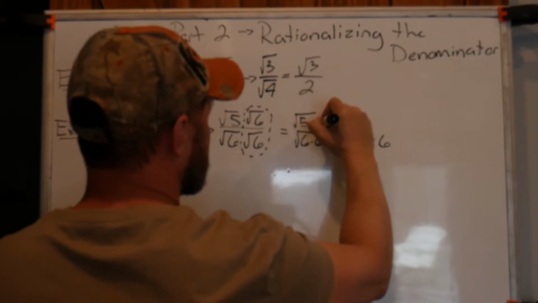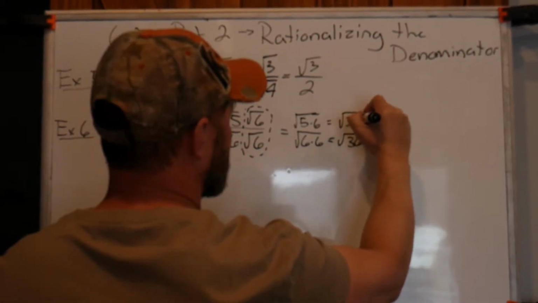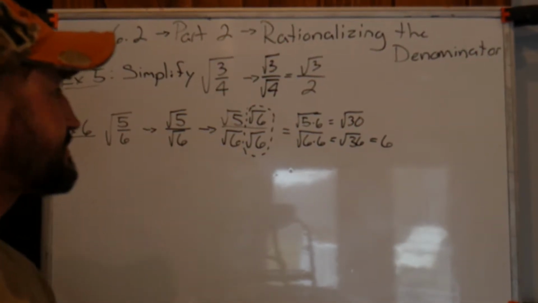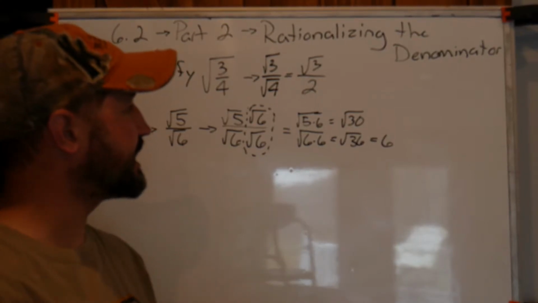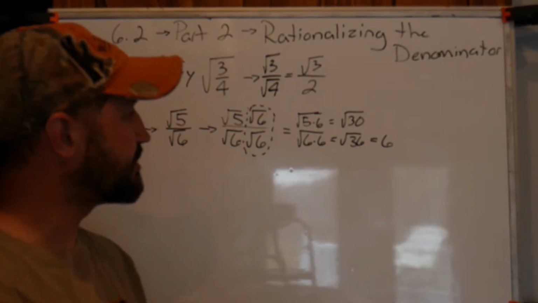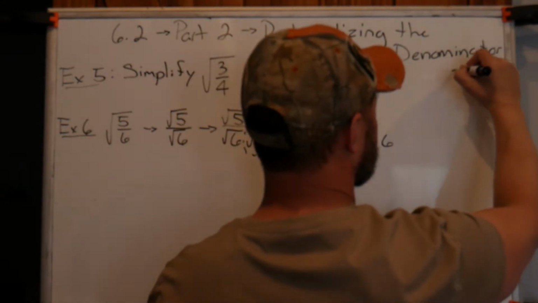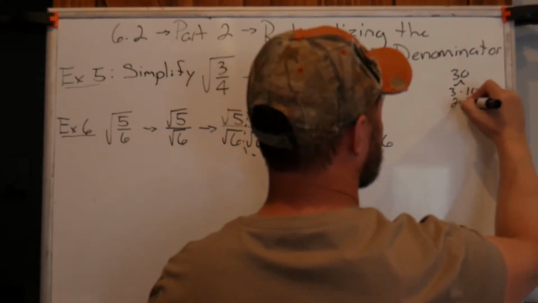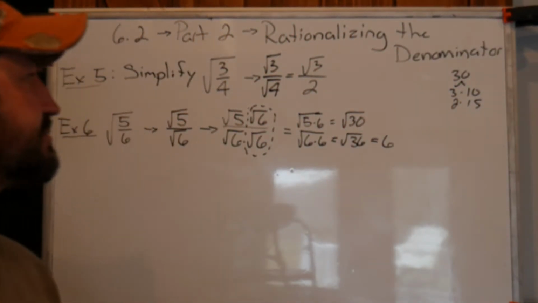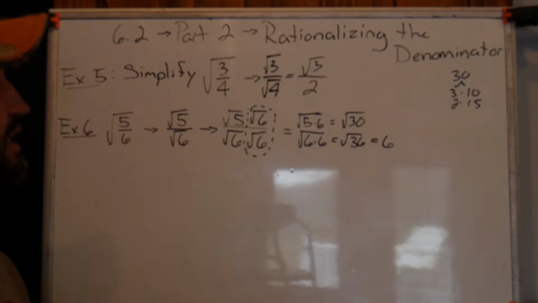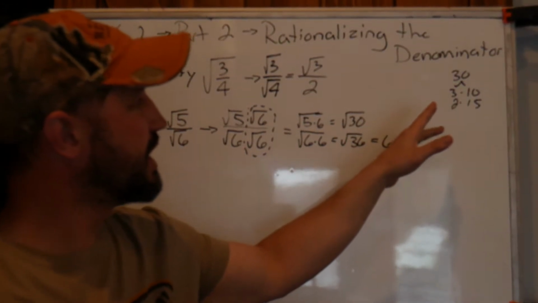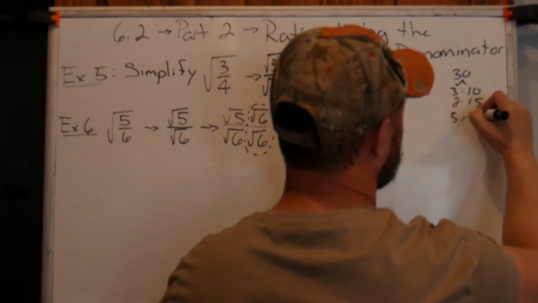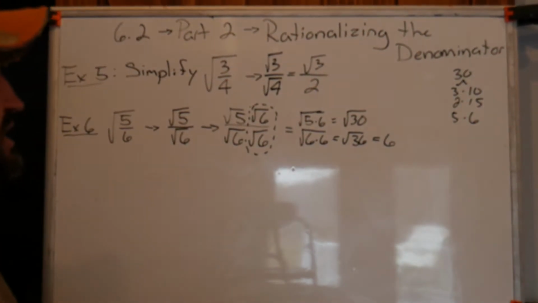And I'll do it like this so everything follows along. Square root of 30. In this case, we could break that down and say that's the square root of 3 times 10, or the square root of 2 times 15. What we're doing is looking for any perfect squares we can get. We could go up to 5 times 6.